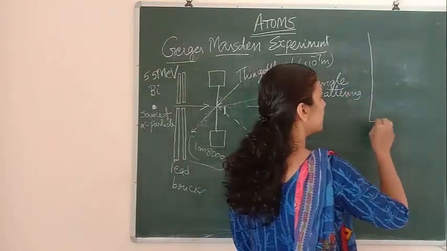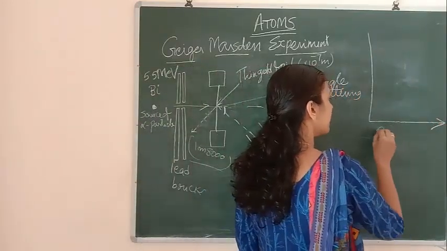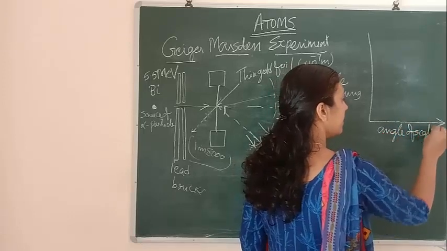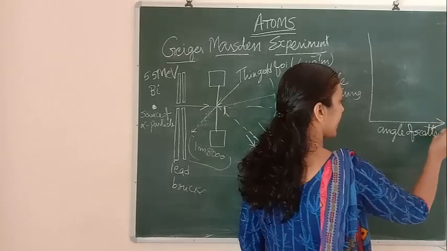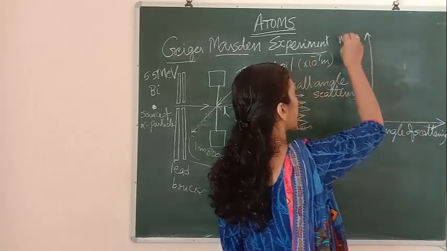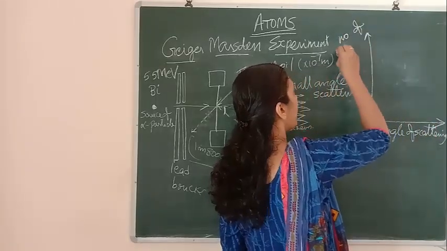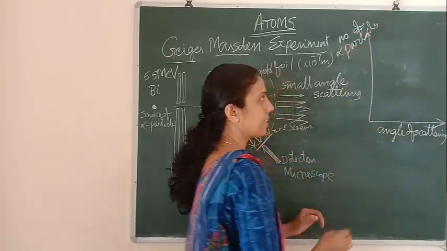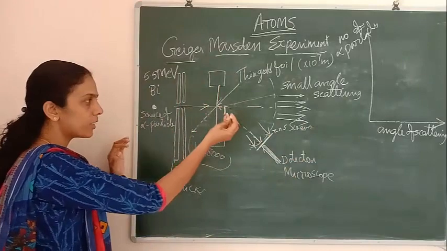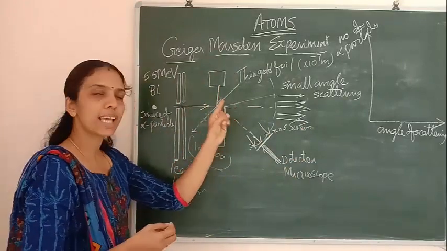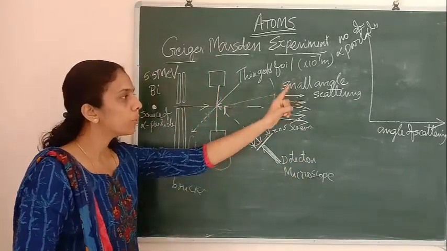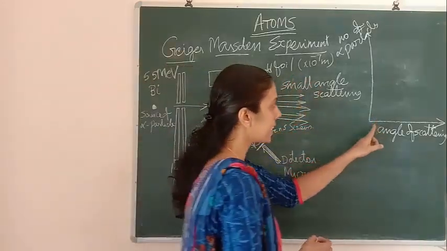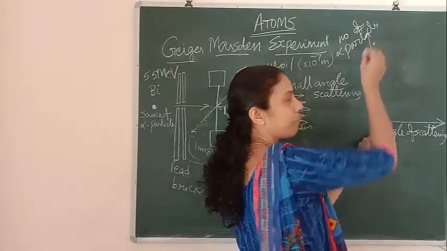So here, this is the angle of scattering on the x-axis, and here the number of alpha particles. What we observed is, if the angle of scattering is less, more particles are getting scattered. So if the angle is less, this will be more.